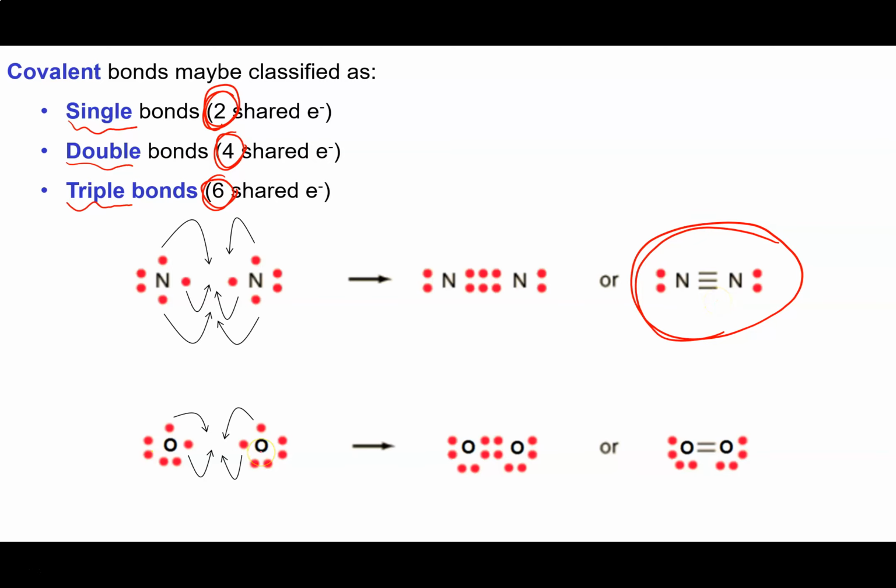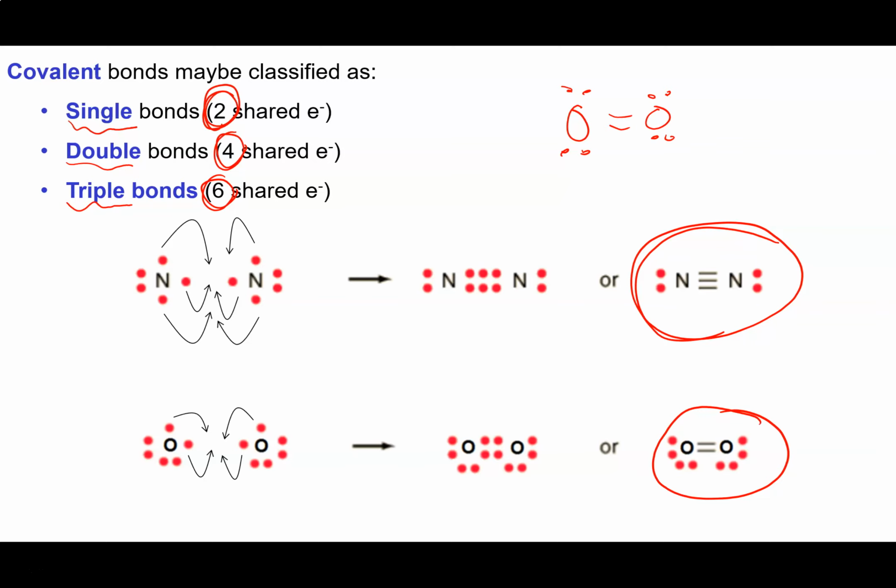When 2 oxygen atoms come together, we end up with a molecule where we have 4 electrons being shared, so we have what we call a double bond between the 2 oxygen atoms. And because a double bond is weaker than a triple bond, we find that O2 is more reactive than N2.